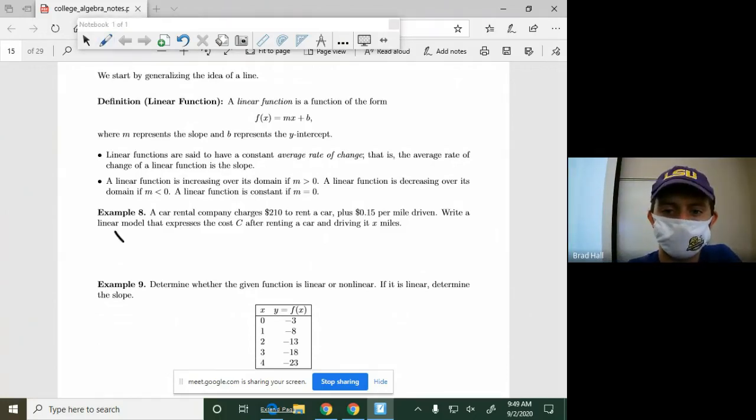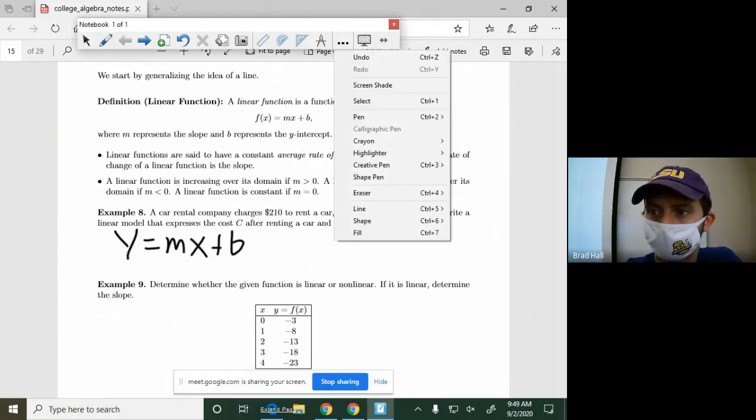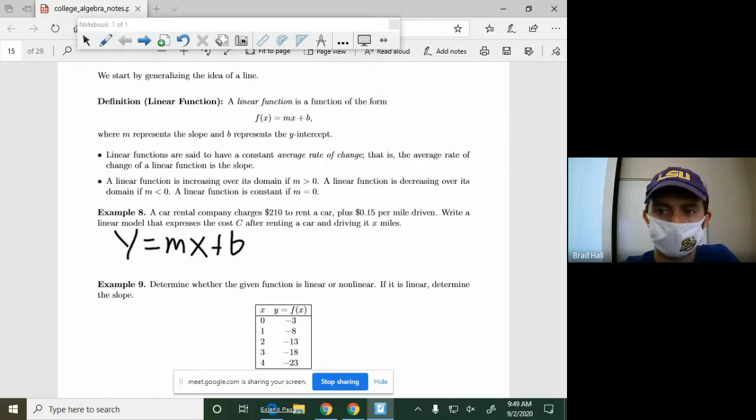We know those generally look like y is equal to mx plus b, or I guess f of x, technically. I'll leave it like this for now. So it means we need a slope and we need a y-intercept. All right, so what is the problem even asking? This company charges $210 to rent a car plus 15 cents per mile driven.